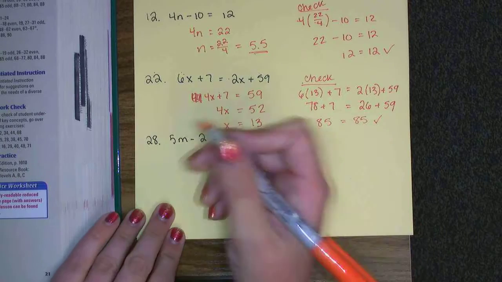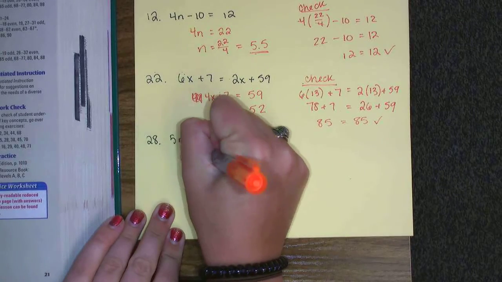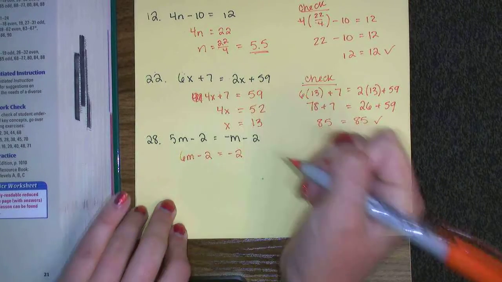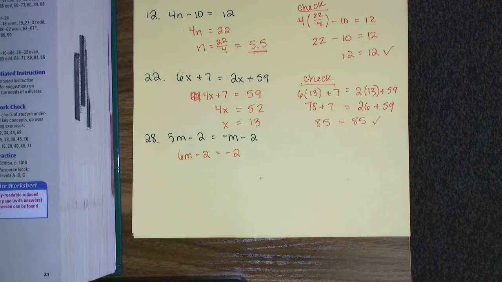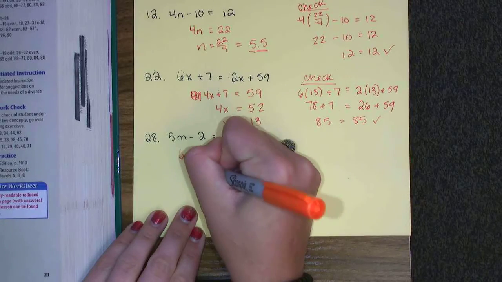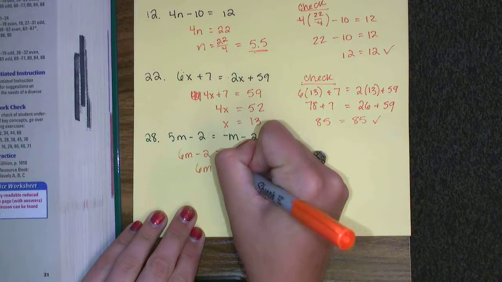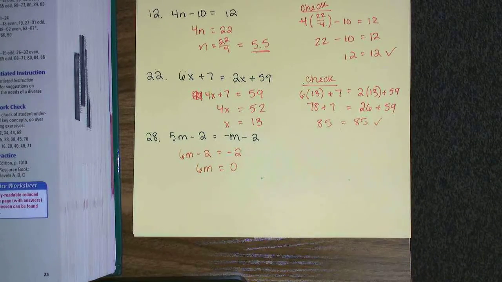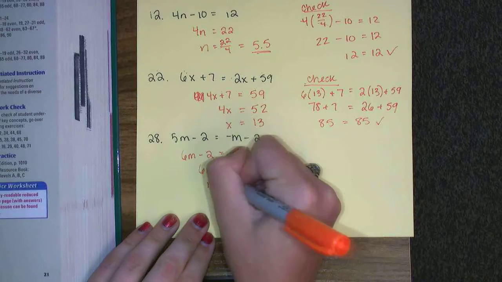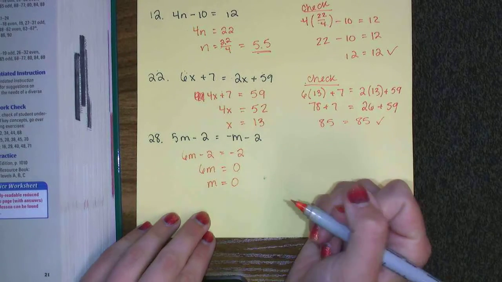So that gives me 6m minus 2 is equal to negative 2. Now what? Add 2. You have to show your steps. So that's 0. Then what? So m is equal to 0.